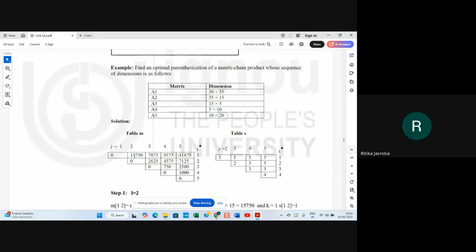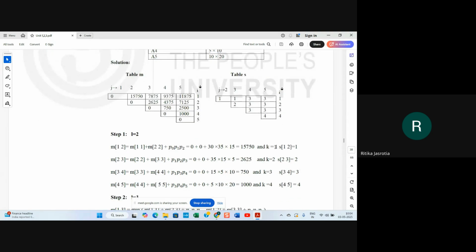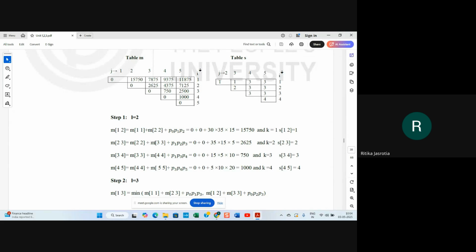And they have found out 1 2, 1 3, 1 4, 1 5, 2 3, 2 4, 2 5, 3 4, 3 5, and 4 5. What are the values of k they have found out? These are the things they have done. So this is 1 2, this is 2 3, this is 3 4, and this is 4 5.